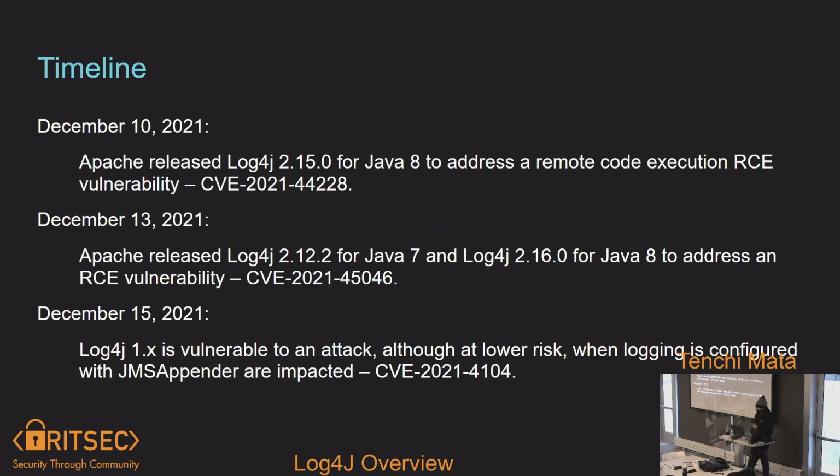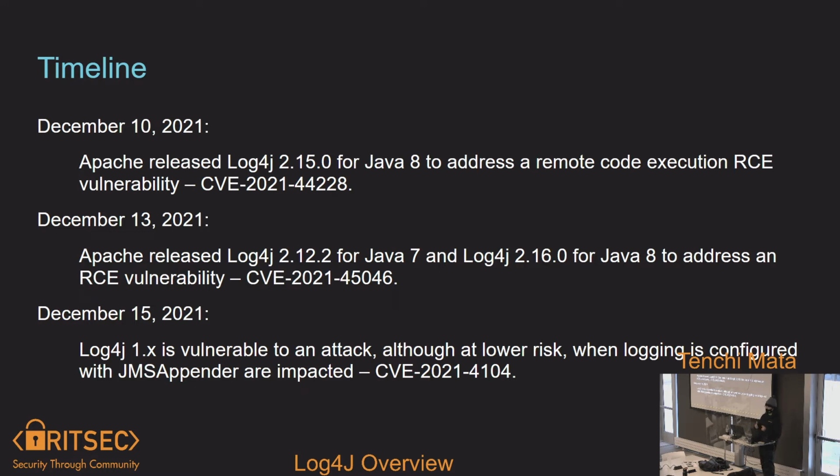That was not supposed to be there. Timeline. We're going to look at a timeline for how this CVE played out in cyberspace and on the internet. On December 10th, Apache released Log4j 2.15, and this was to address the first vulnerability.